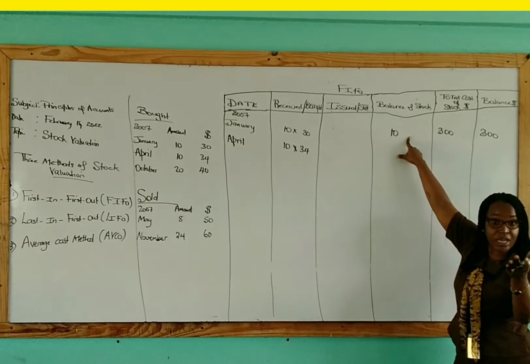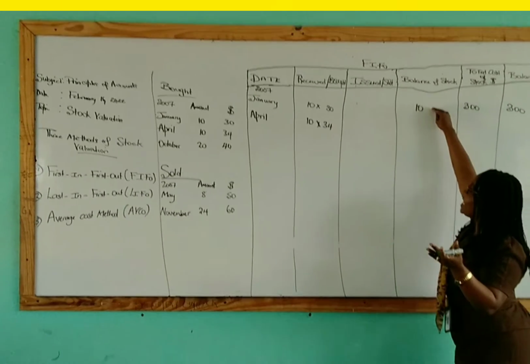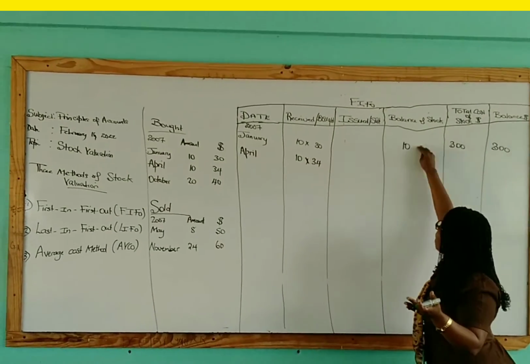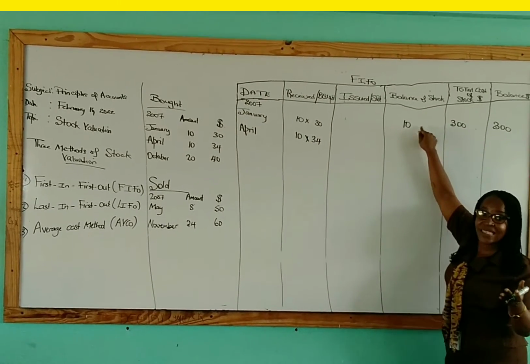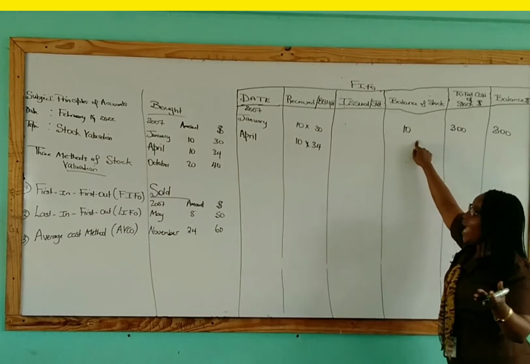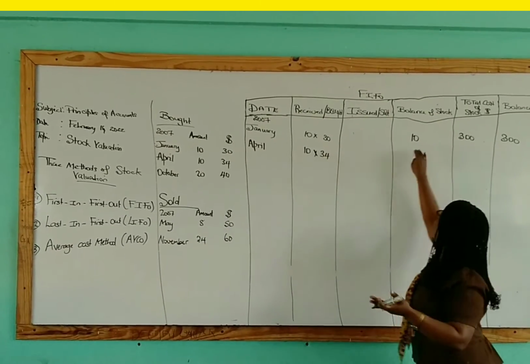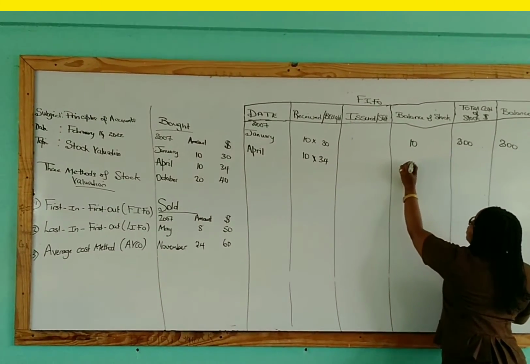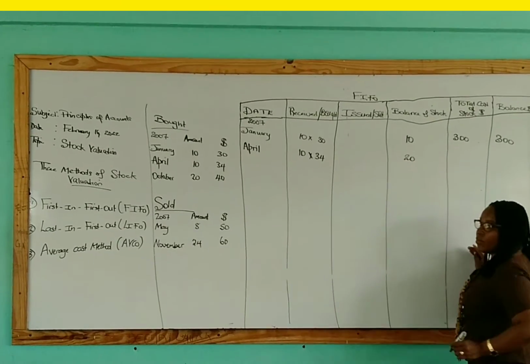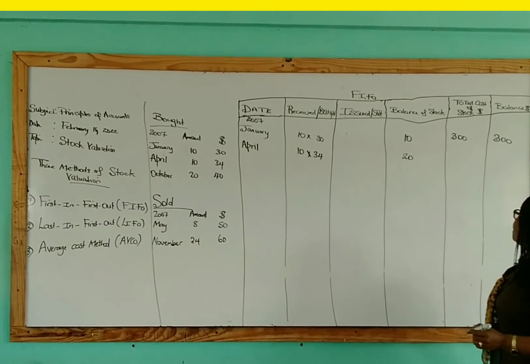Agree? If we did not sell anything in February and March, this 10 is still in the storeroom. And if we buy an additional 10, this 10 plus this 10 gives us 20.